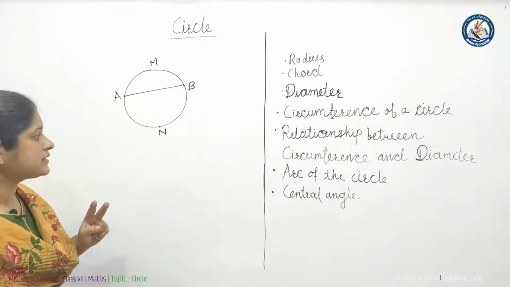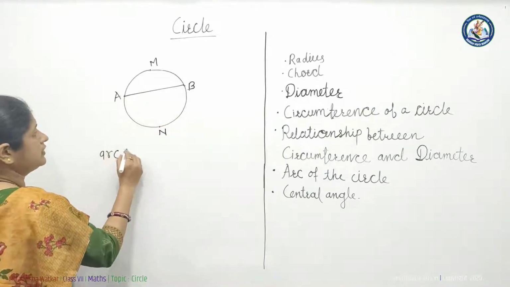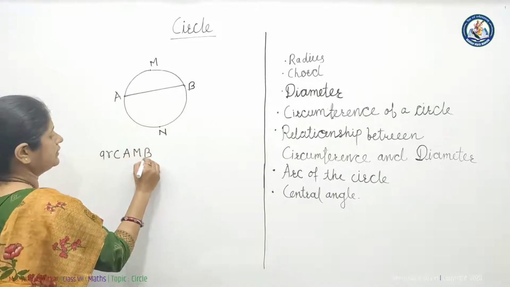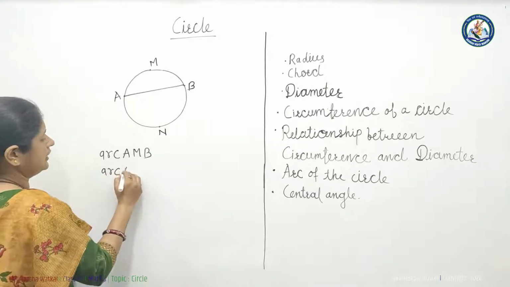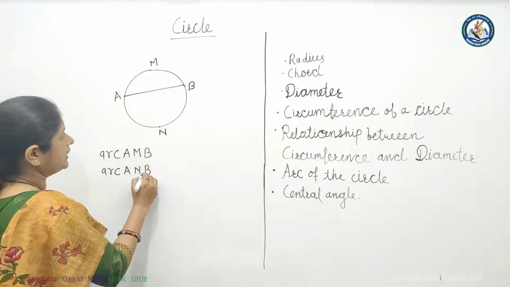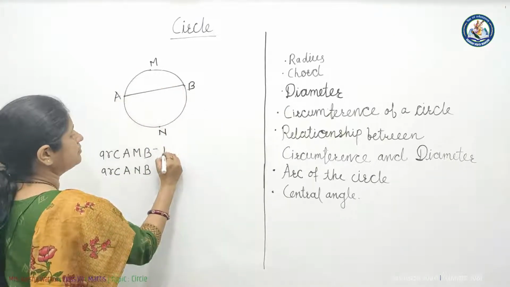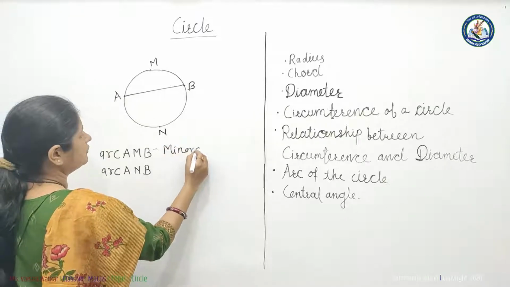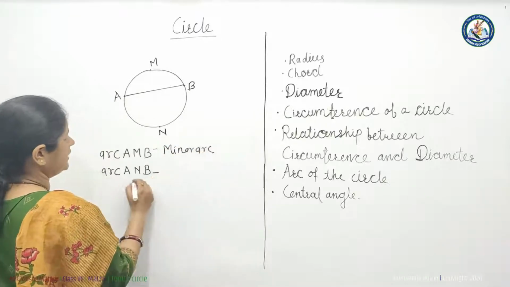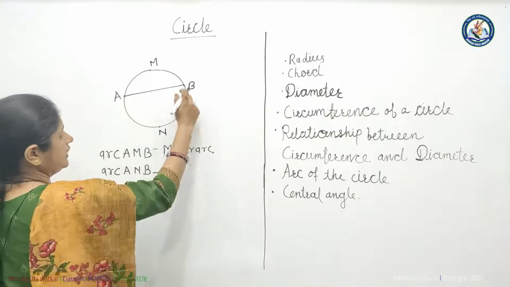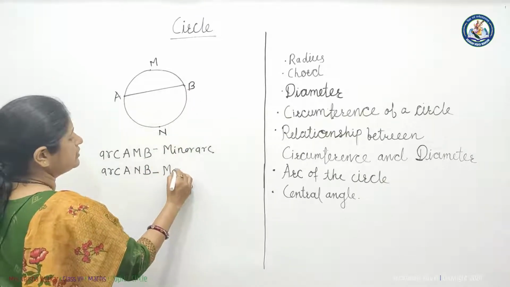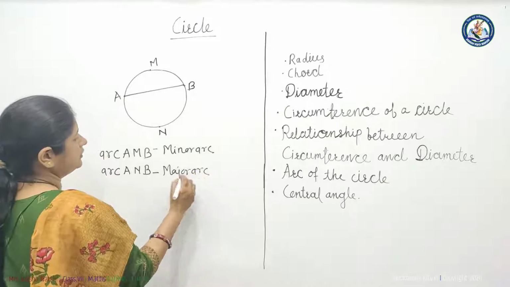So we get 2 arcs, arc AB minor arc, and this arc AB we call the major arc.